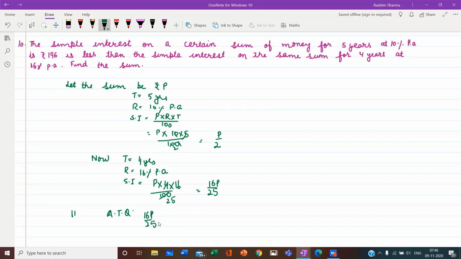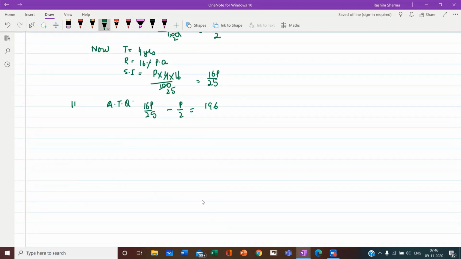16p/25 minus p/2 is 196. Okay, let us solve it now. We will take LCM. 50 is the LCM. So we get here 32p minus 25p is equal to 196.